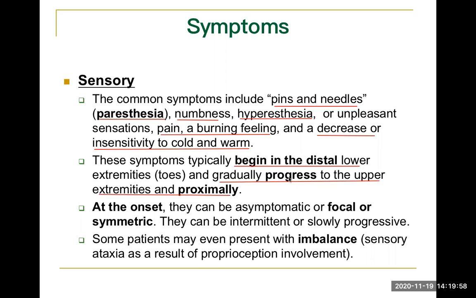This is very typical of peripheral neuropathy. At the onset, they can be asymptomatic or focal or symmetric. Later on, they can become intermittent or slowly progressive also. It depends on the different types of peripheral neuropathy or different causes actually. So don't generalize these things. Sometimes they are symmetric, sometimes they are focal, sometimes they are generalized also.